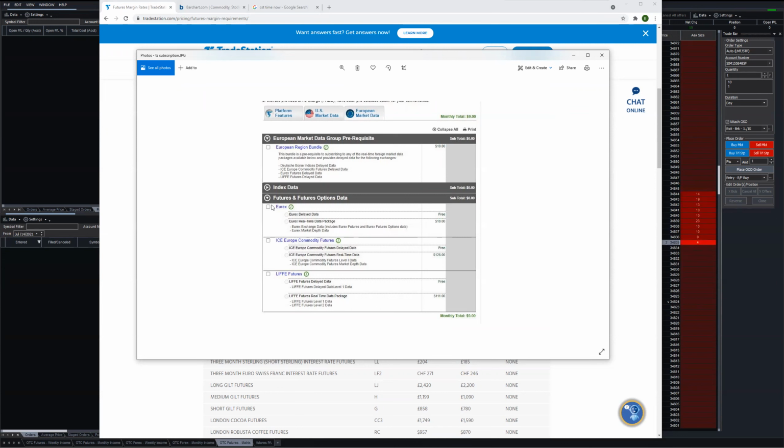I was wrong: for the Eurex, the European exchange where you can trade the German products, the live data is only $18. So this is something we can think about as a campus, to subscribe to this live data and then plan out trades for the Eurex market.